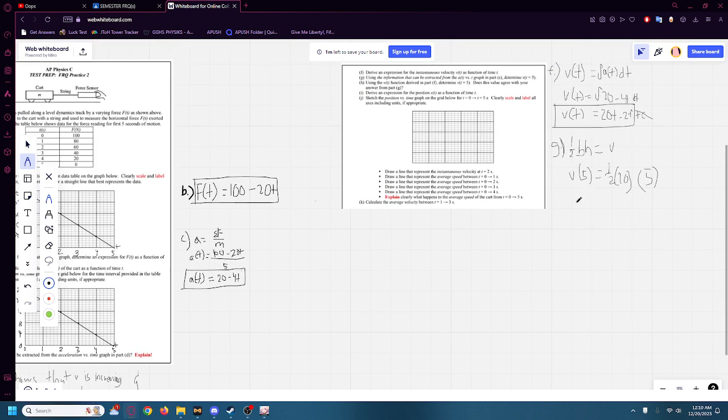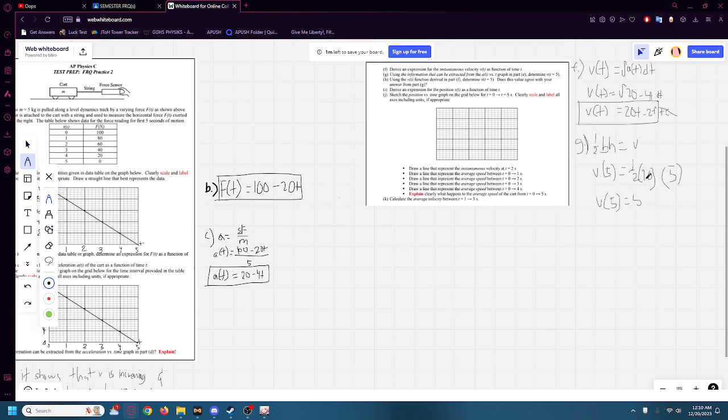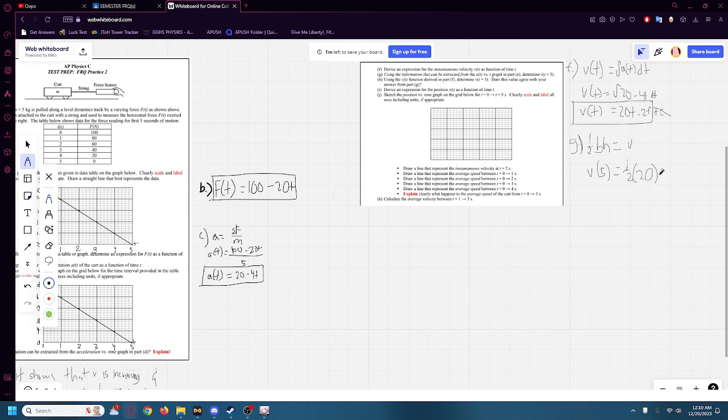Oh, the height is 20, so you multiply 20 by 5, which is the time. So v of 5 is equal to 50 m over s.